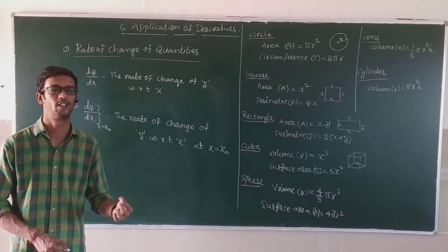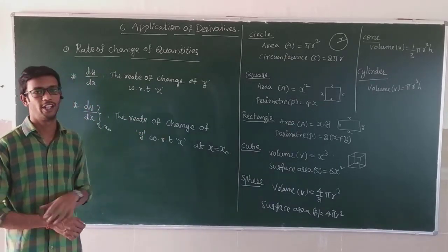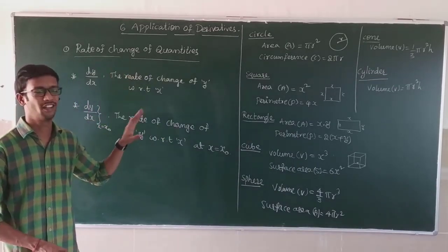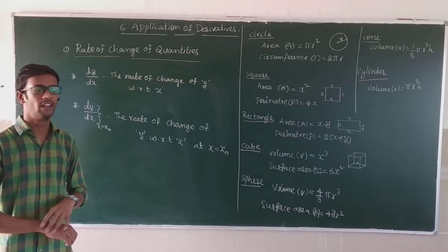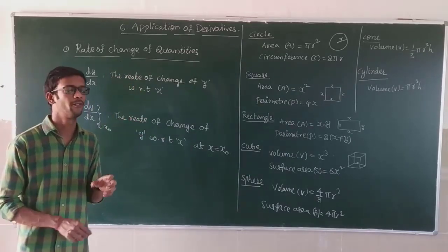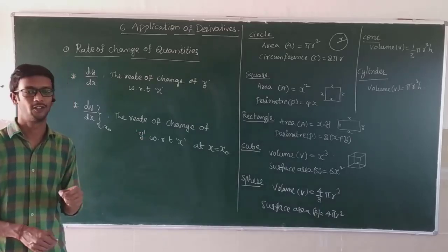After finding the derivative, when you substitute the number, at that point you will find the rate of change. So these two definitions or representations are important for the exercise. If you understand this rate of change clearly, it is very easy. That is chapter number 1, exercise 1.